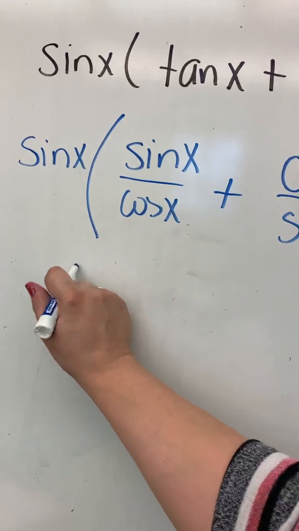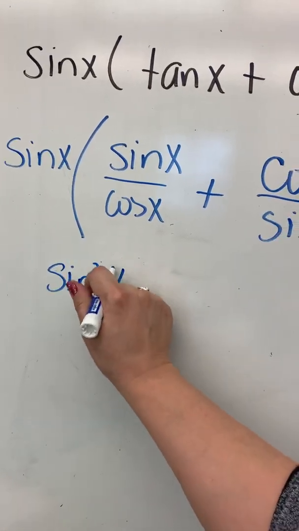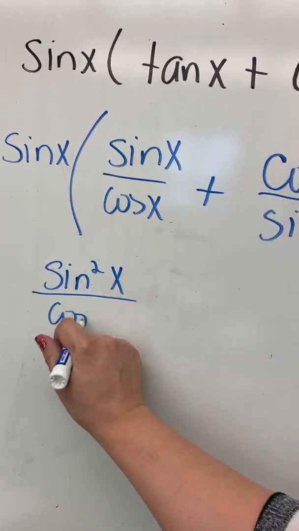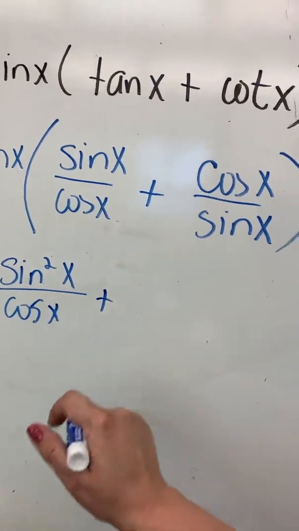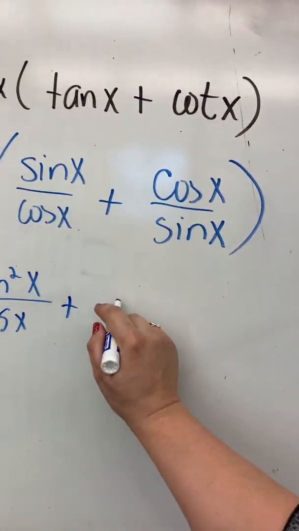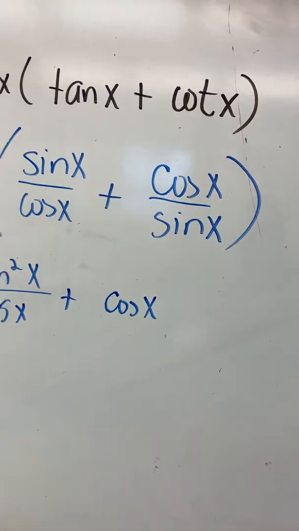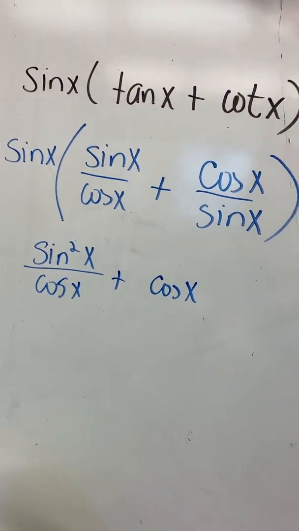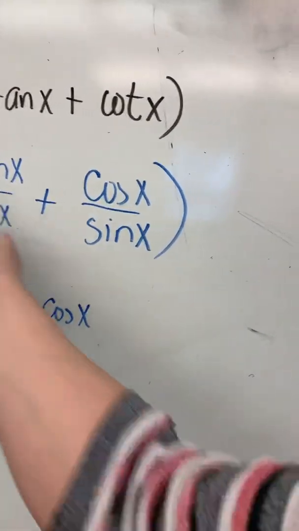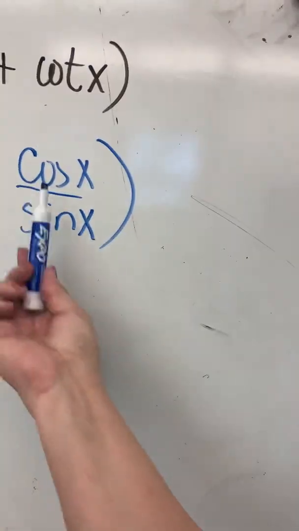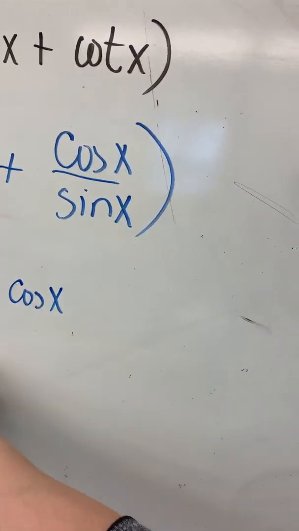So this one here, I'm going to have sine squared x over cosine x plus, here the sines cancel, so just cosine x. When I distributed, sine squared over cosine.